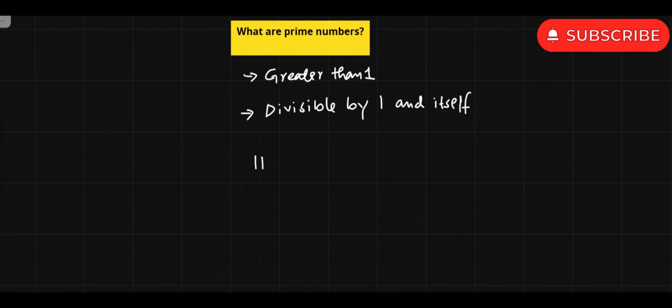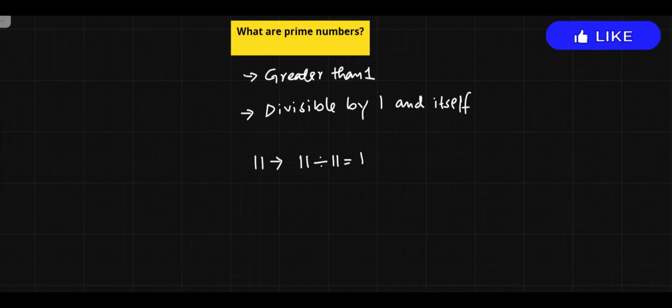I have to check whether it is a prime number or not. So you cannot divide 11 by any other number, like 2, 3, 4, 5, 6, 7, 8, 9, 10. It can only be divisible by itself. Like 11 divided by 11 will give you 1, and 11 divided by 1 will give you 11. So this 11 is a prime number.